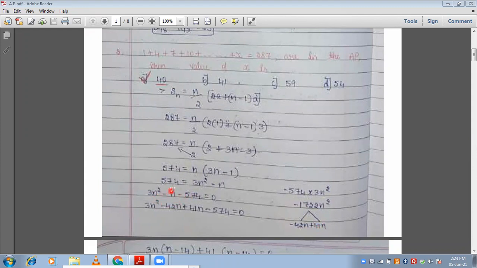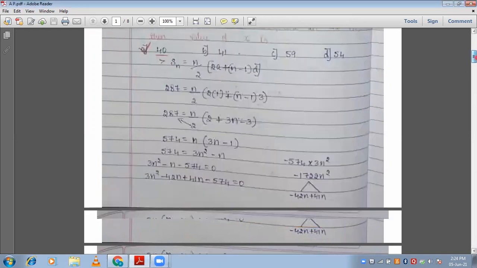So instead of minus n, write these two terms: minus 42n plus 41n. So 3n square minus 42n plus 41n minus 574 is equal to 0.